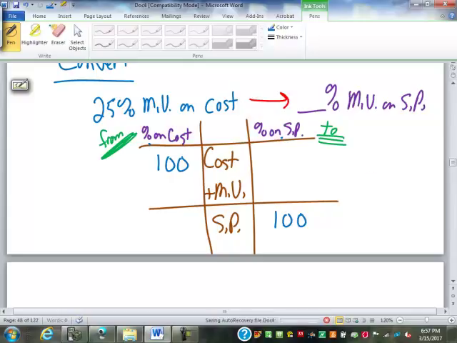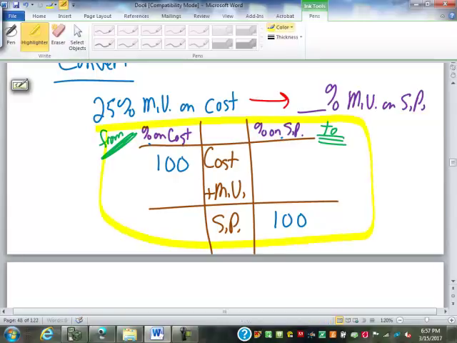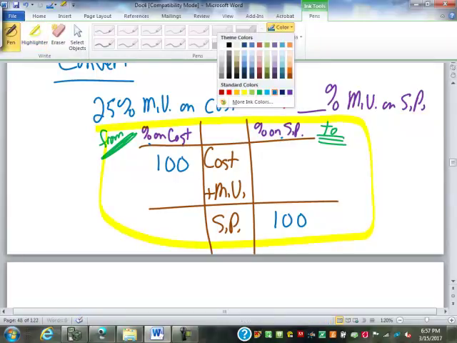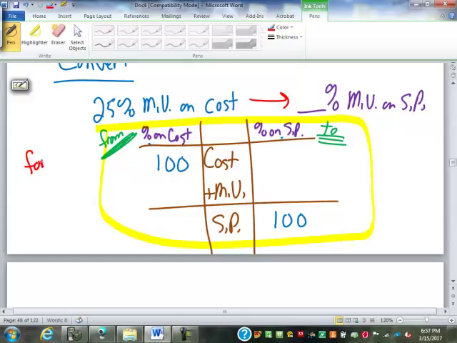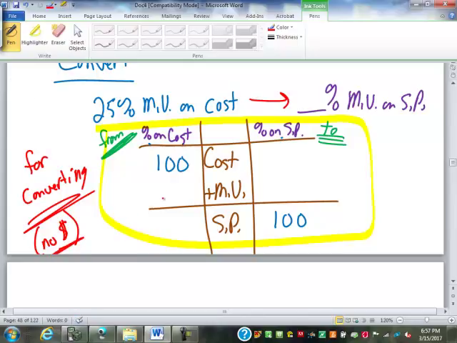So this section right here that I just created is a standard table, and it is standard for converting. In other words, there are no dollar amounts here. And we're just trying to convert one percent markup to another percent markup.